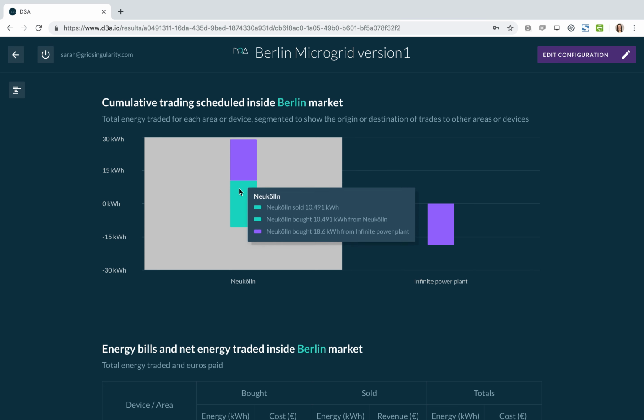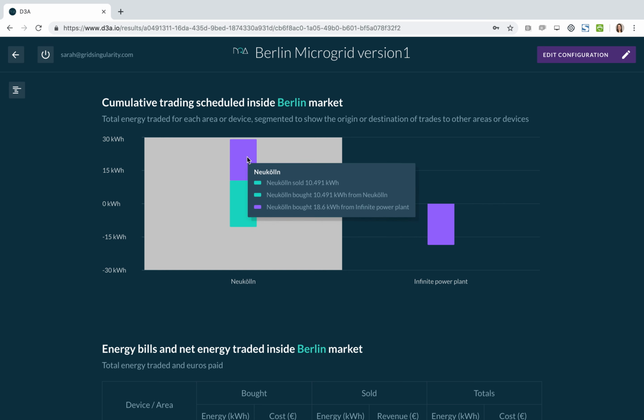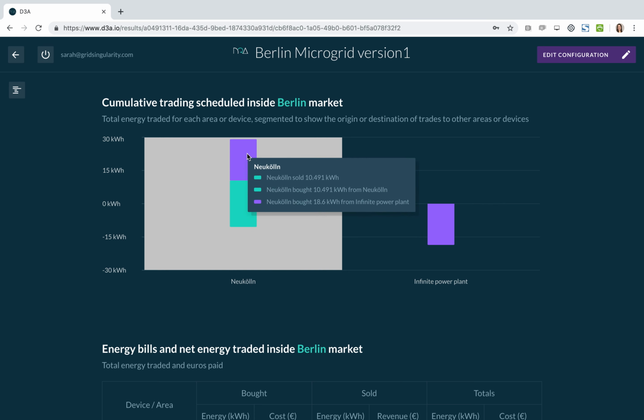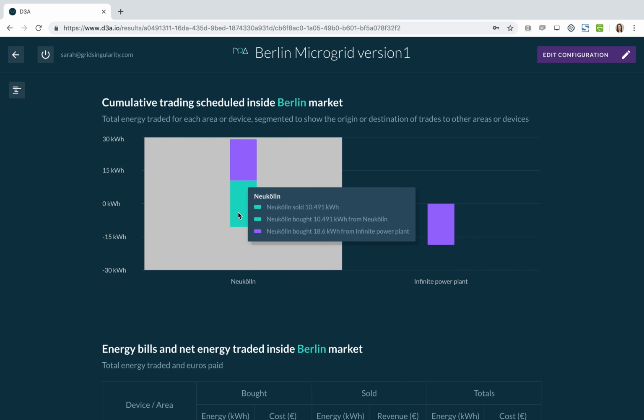The top value in green is where that energy was purchased. So Neukölln basically purchased all of the energy that it produced, and then it purchased this additional amount of energy from the infinite power plant. The infinite power plant is producing purple, and Neukölln is producing green here.